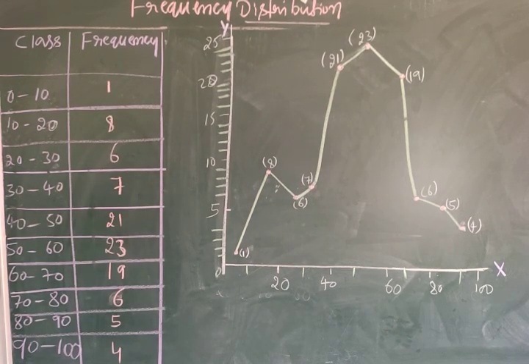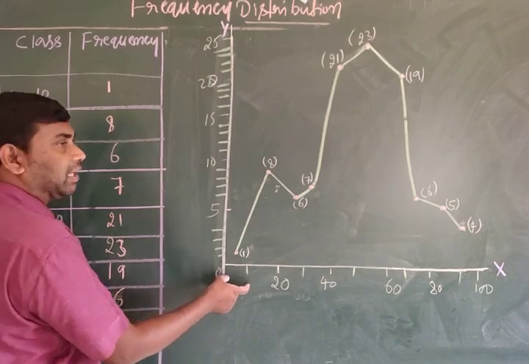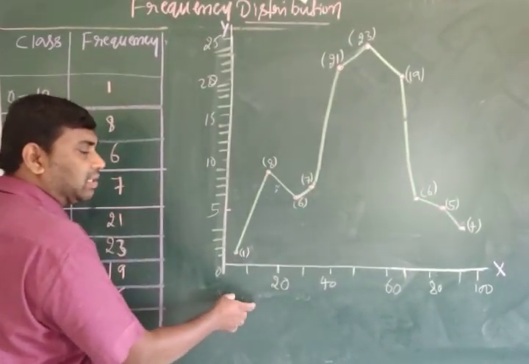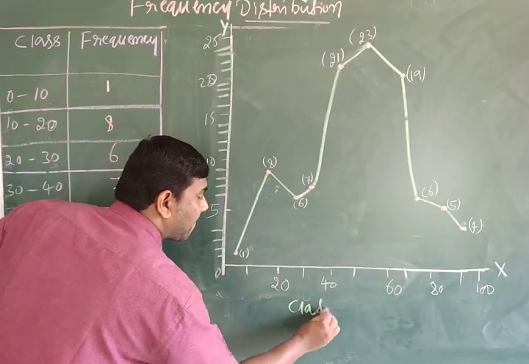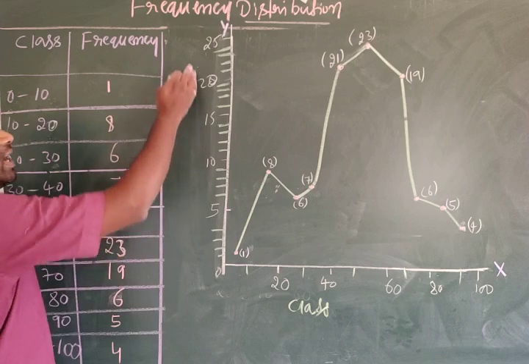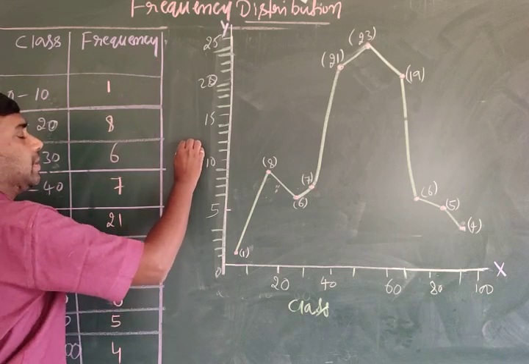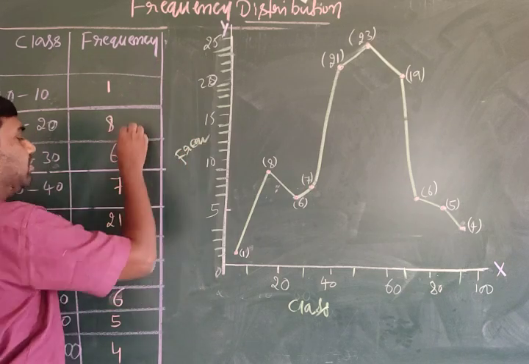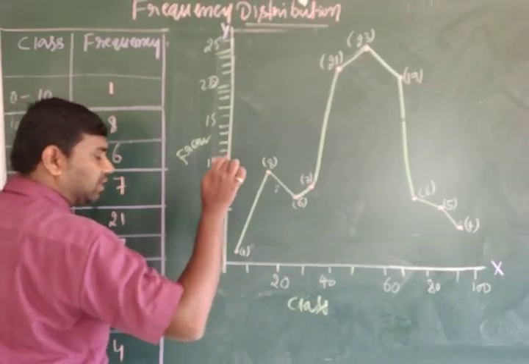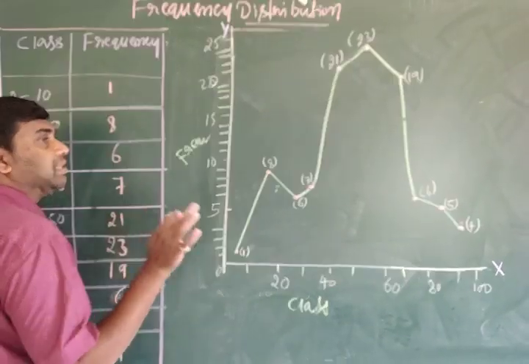Before writing this, once again I repeat, this is the graphical representation of frequency distribution. On the x-axis we measure the classes, meaning class limits. On the y-axis we measure the frequency. This is the frequency curve. It represents the values of the frequency distribution.